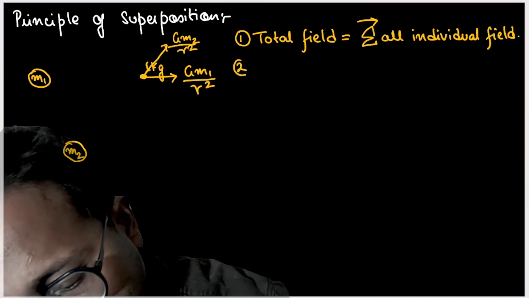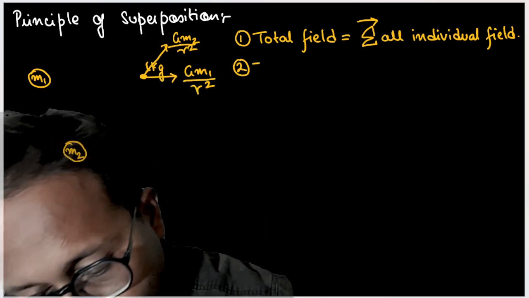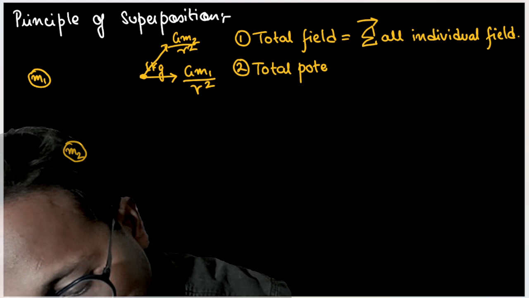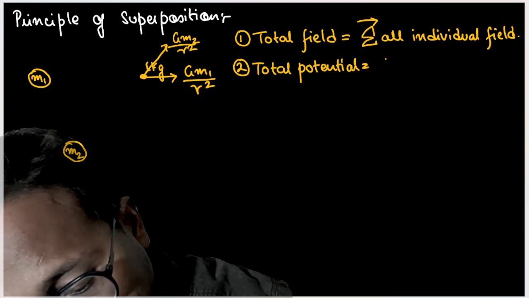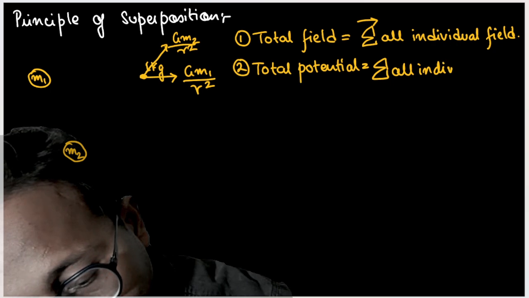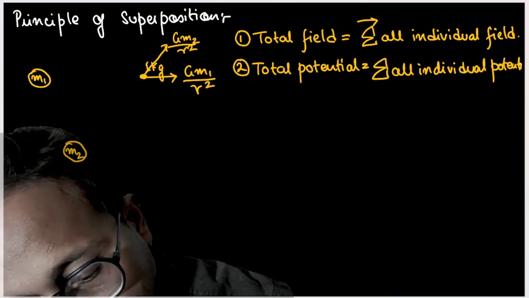Similarly, the total potential at this point in space, or the total potential energy of this 1 kg block, is equal to the scalar summation of all individual potentials.